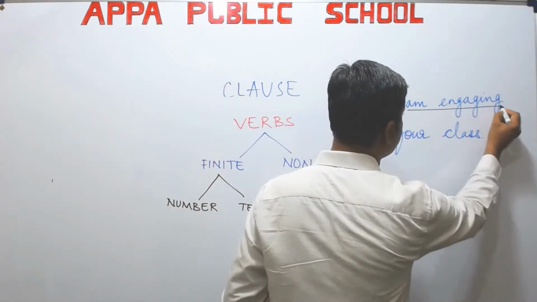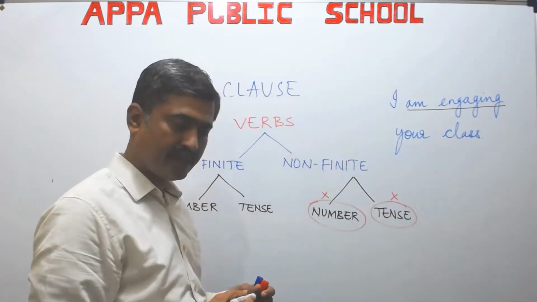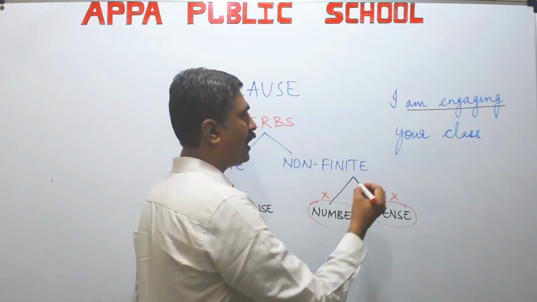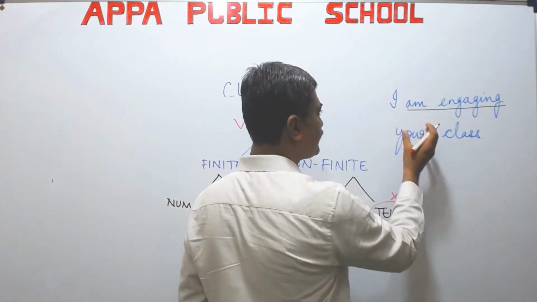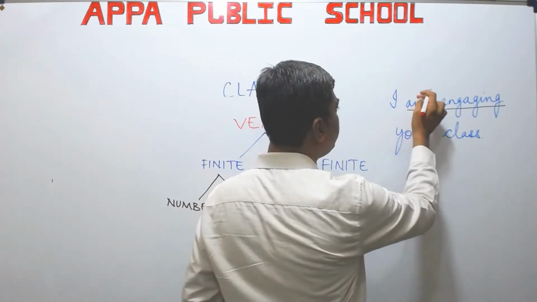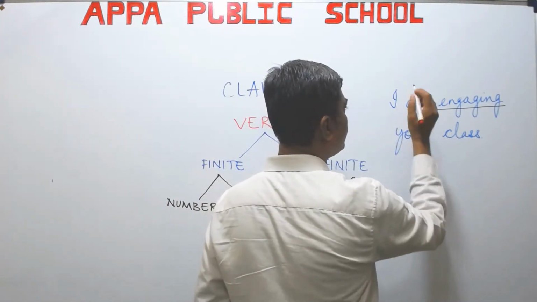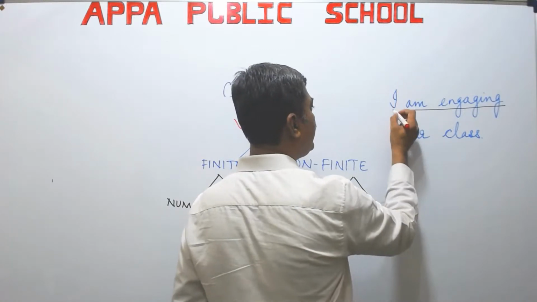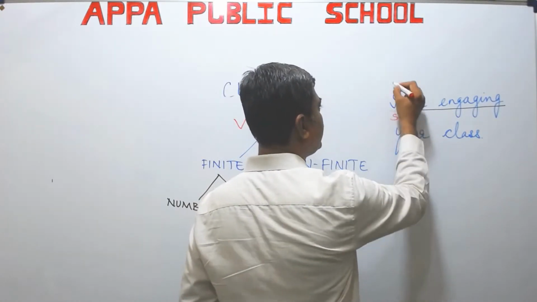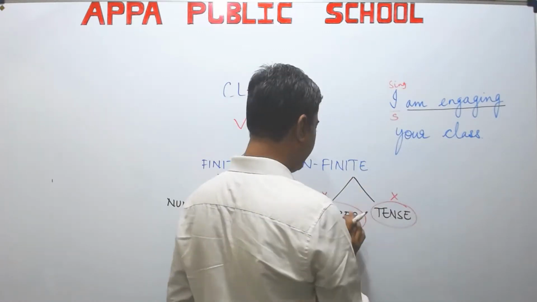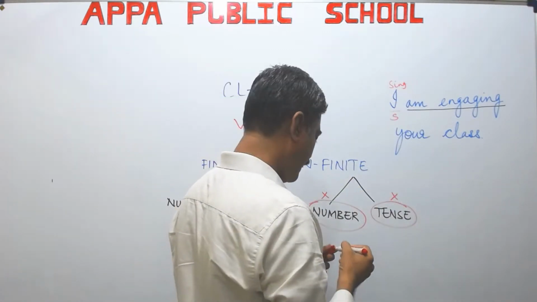So we have the verbs here. I'm engaging. So what are the verbs now? Yesterday also we used the same, a nice reminder for you. Am is an equivalent of is, and so it is singular. So this is defining the number of the subject, that it is singular. So one criterion is fulfilled, that it's telling the number.